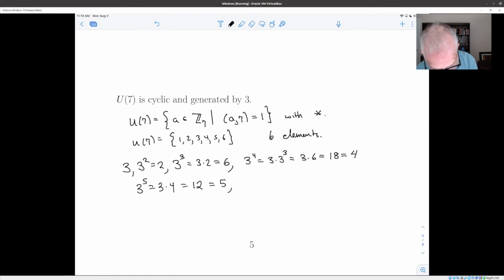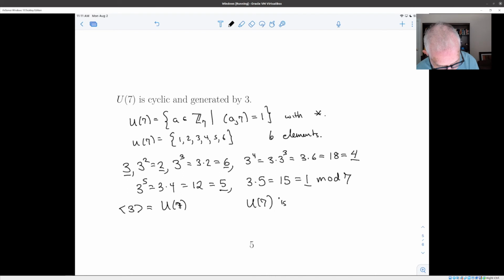And finally, 3 times 5, which is 15, which is 1, mod 7. So we see that the powers of 3 give us every element of U of 7. In particular, the group generated by 3 is equal to U of 7, so U of 7 is cyclic.